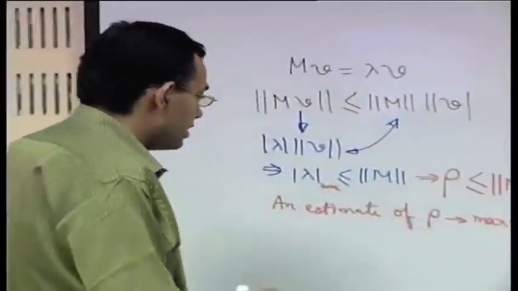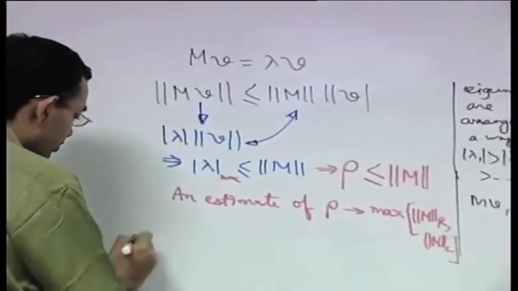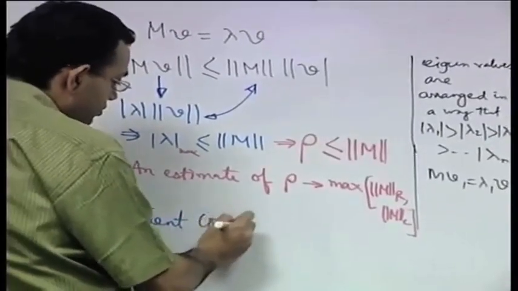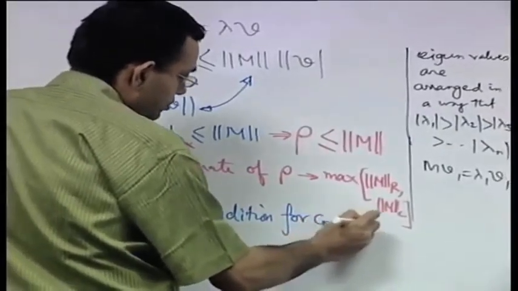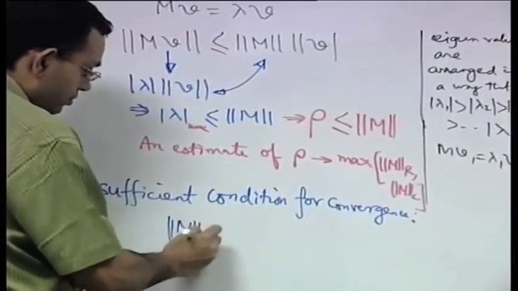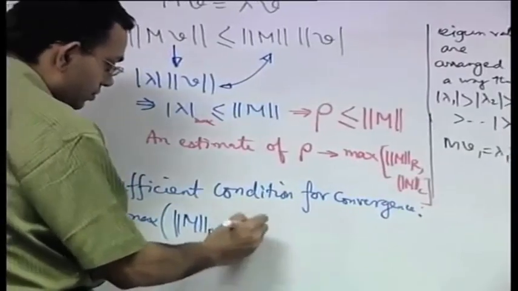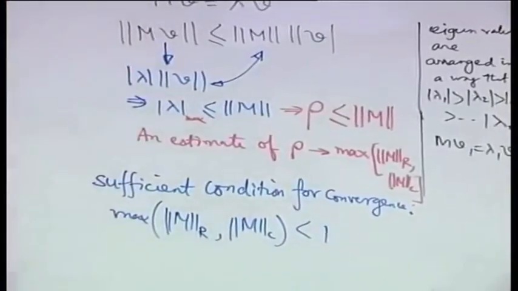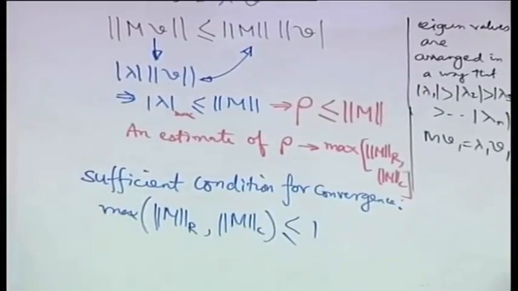So, your sufficient condition for convergence boils down to norm of M less than or equal to 1.